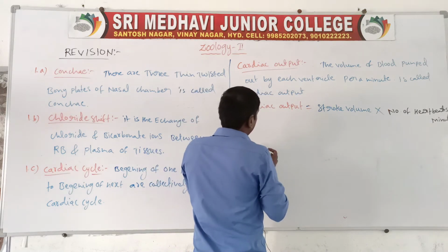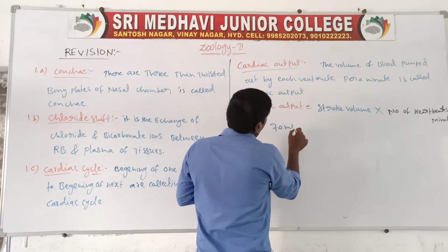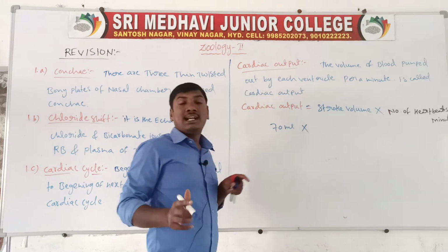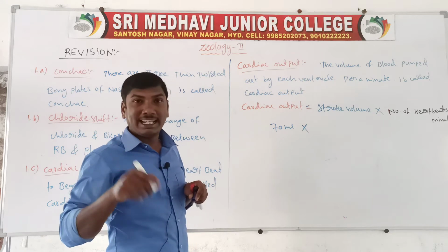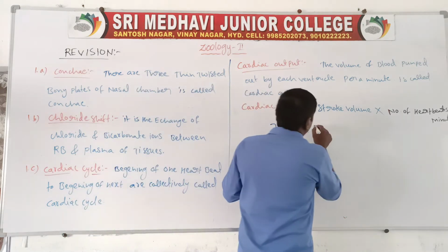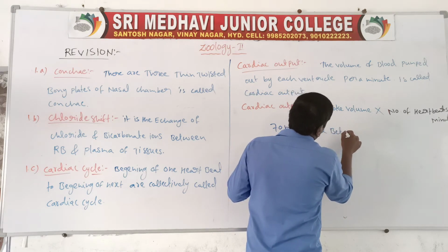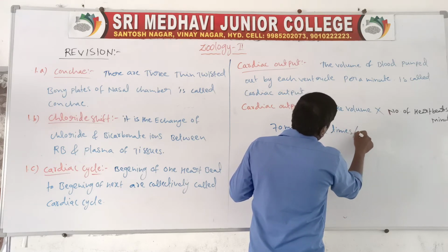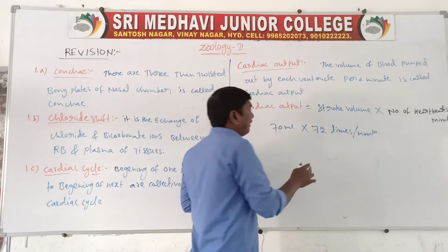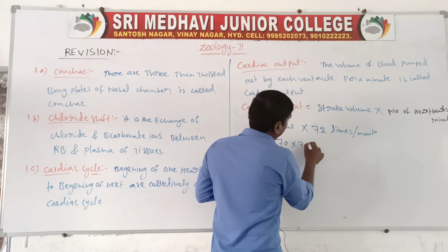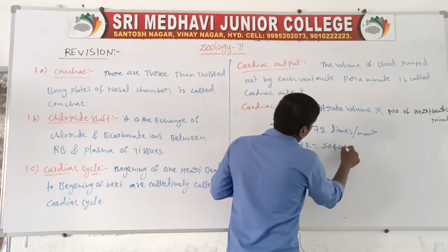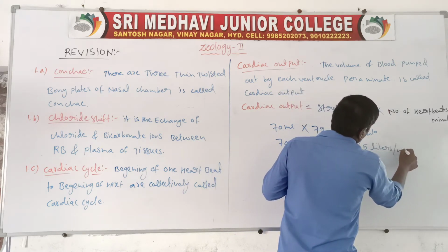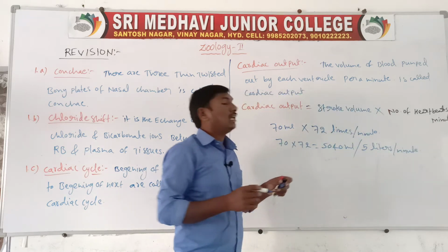The heart beats 72 times per minute. 70 into 72 is 5040 milliliters, approximately 5 liters per minute. This is called cardiac output.